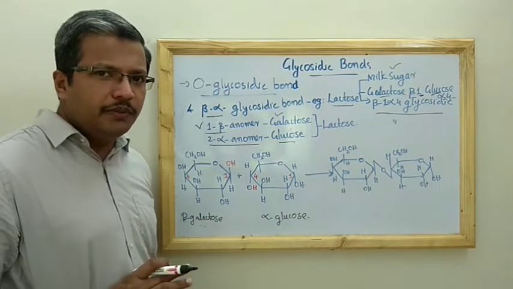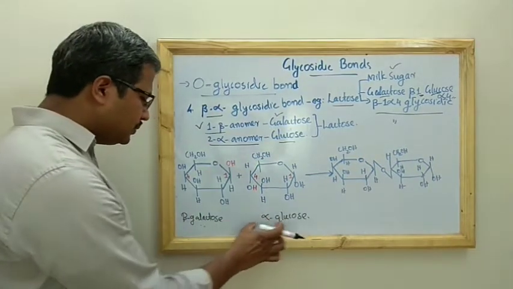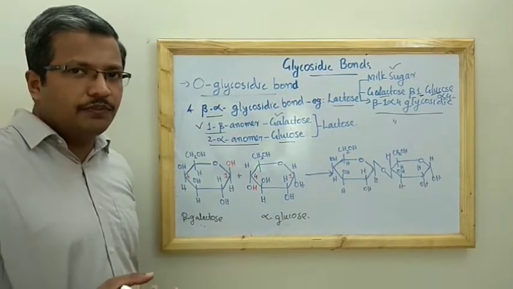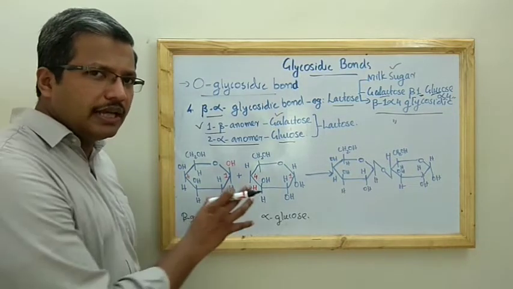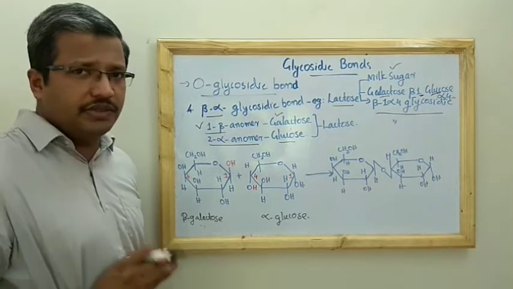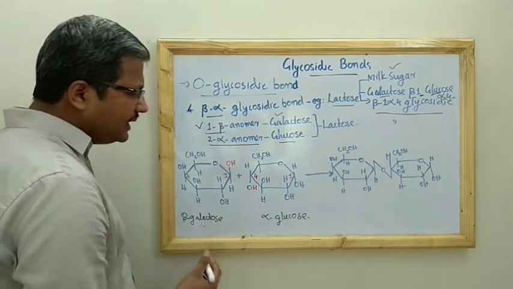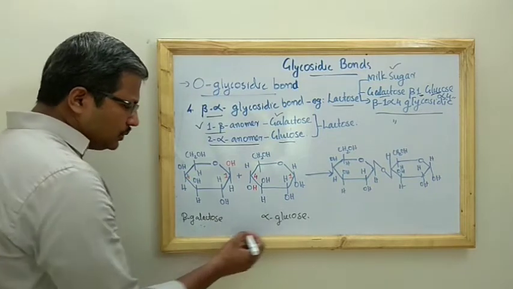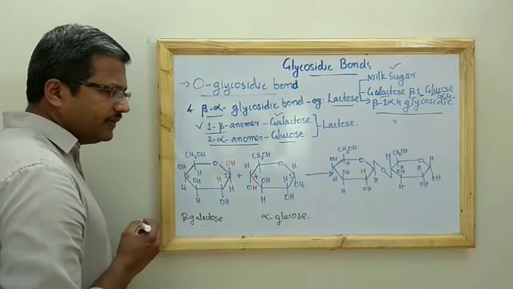Just pause the video and find out the difference between alpha glucose and beta galactose using your own knowledge, before I tell you. Okay, between alpha glucose and beta galactose, only one carbon difference is there.